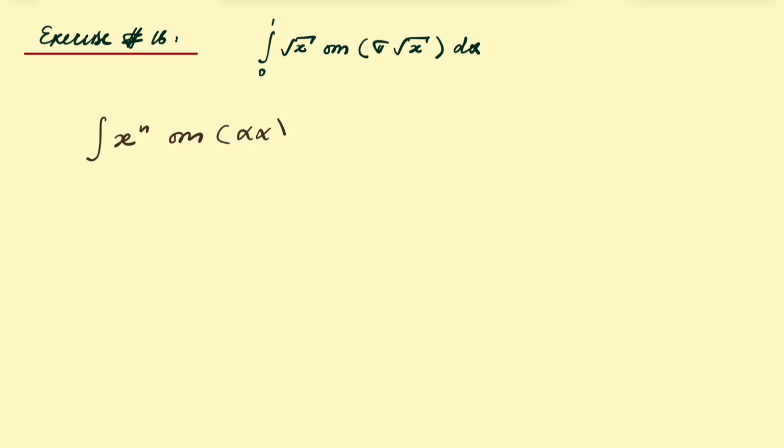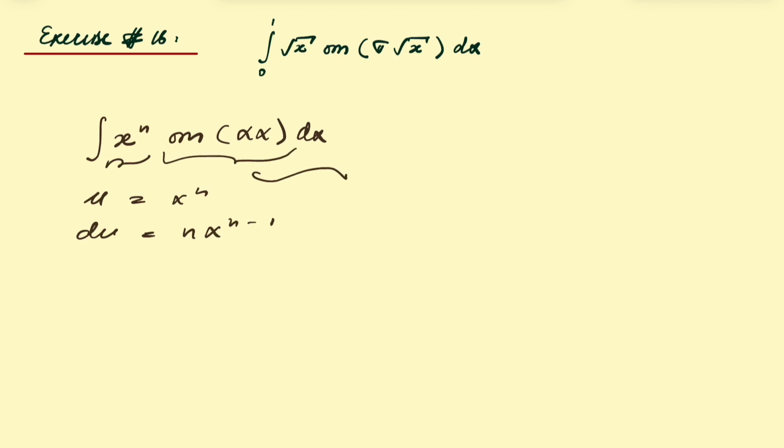some constant times x dx, what we want to do, using integration by parts, is take the polynomial function as u, so that we can later on differentiate it. The u will be n times x to the n minus 1, and the other trigonometric function, sine or cosine, we can use as dv, so that we can find an antiderivative, and they will alternate, like sine will change into cosine and vice versa.